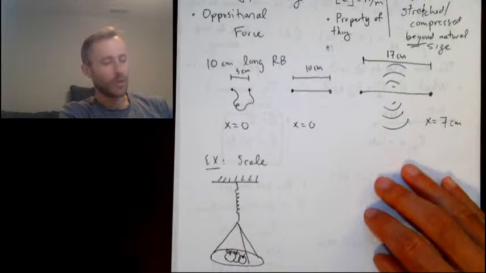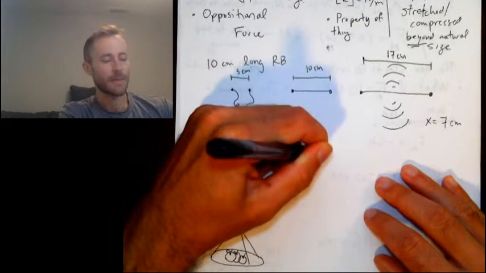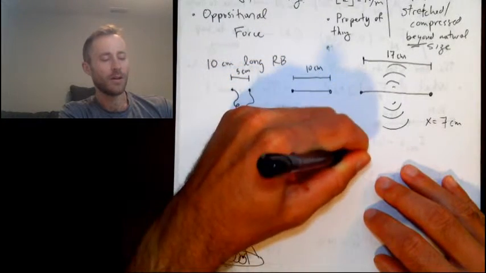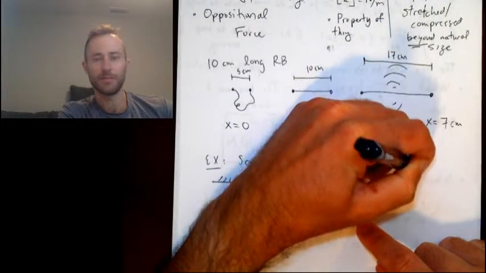Now what if the scale has a stiffness of 110 newtons per meter?